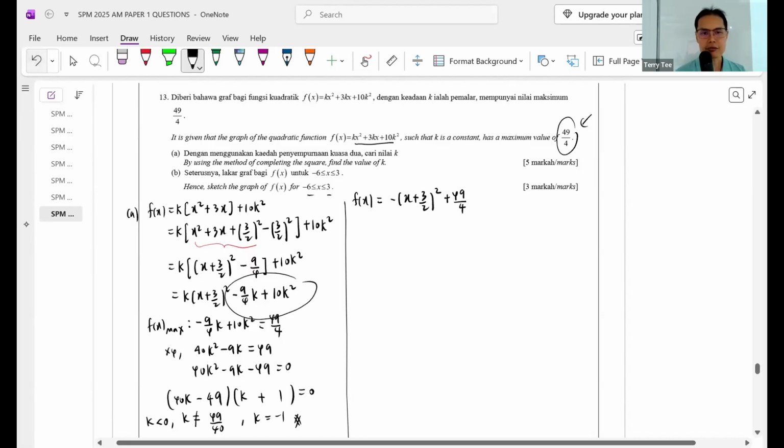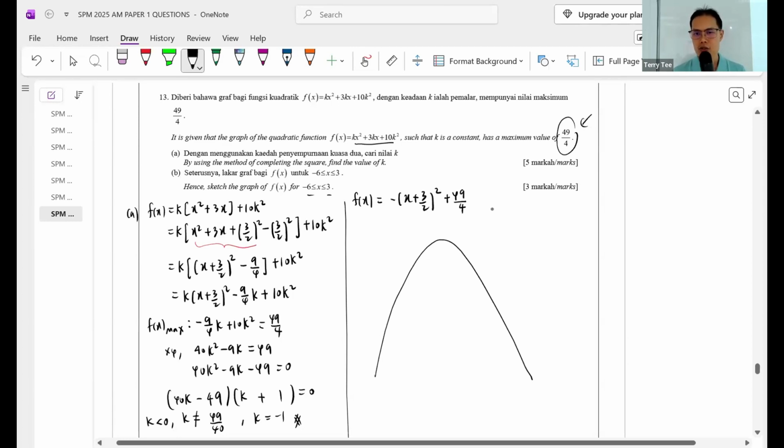Now, from here, what do I do? I find my roots first. I'm going to do all the groundwork first. At the x-axis, what is y? Okay, I tell you what. Some people may ask, how do I know what to find? Maybe I draw for you. I draw a smiley face. Oh, sorry, a frowny face. I draw this first. Then we see what is missing and we can find it.